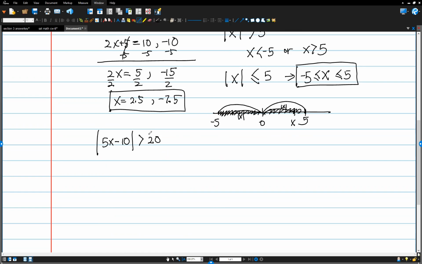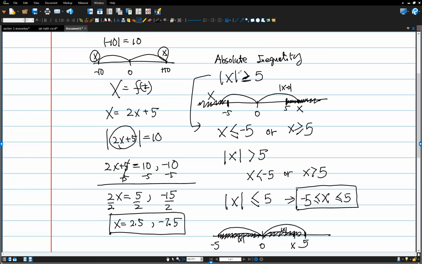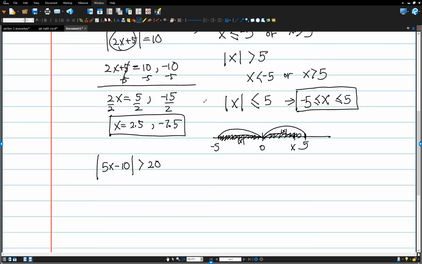That's the solution. We did it, right? This 5x minus 10 is a large X, it can be any number, but it should be less than a negative number, or greater than a positive number. That is the solution set.